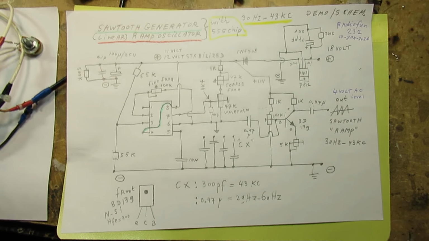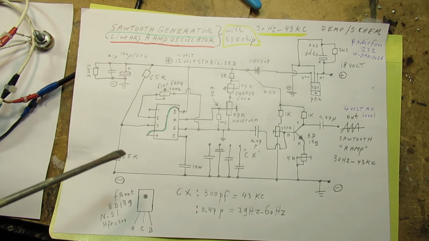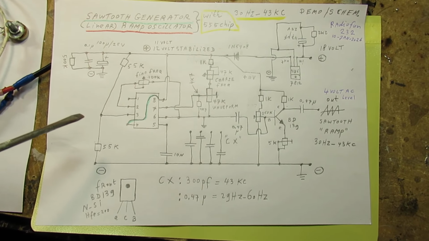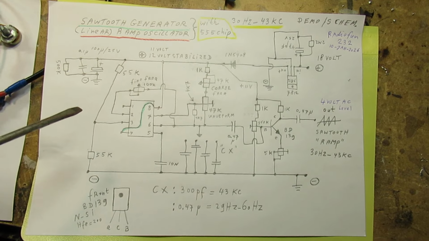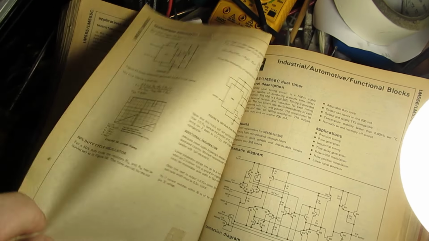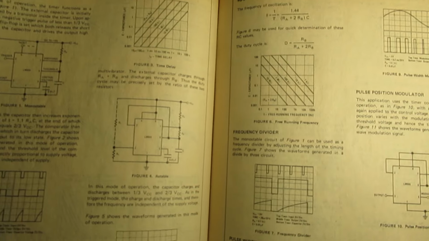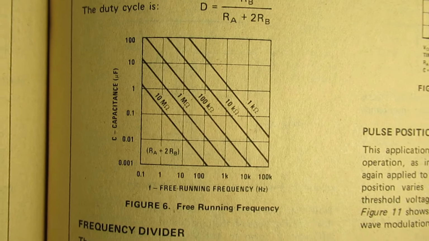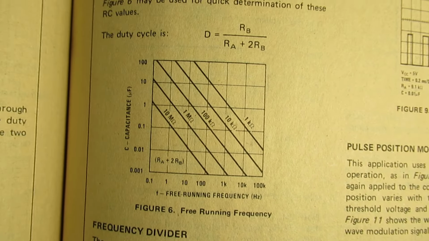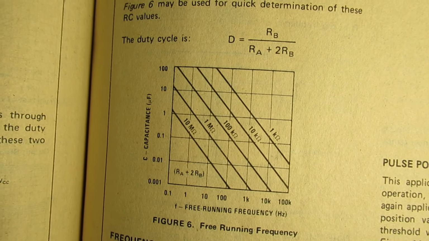When you do experiments with that chip, you often find a square wave out. When you look at all the graphics, for instance this one here, this is the relation between the capacitance, the resistance and the frequency.